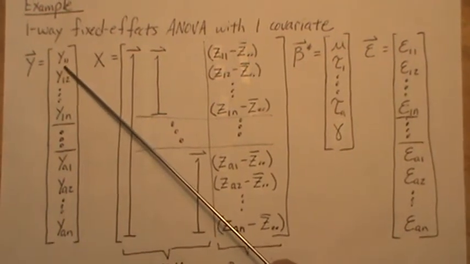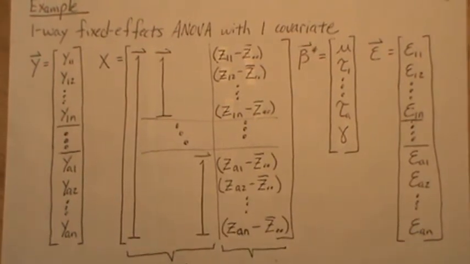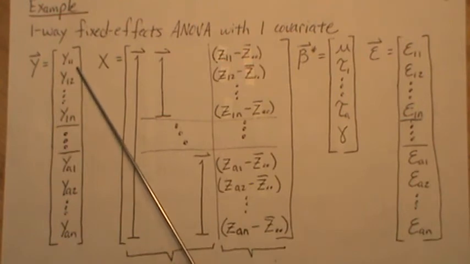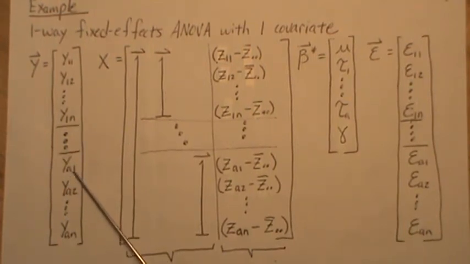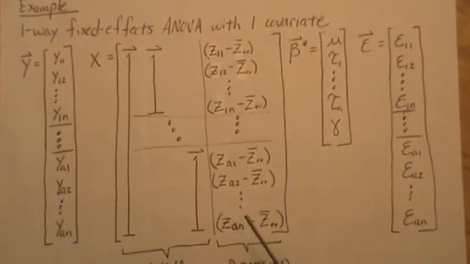So this is Y11, treatment 1, observation 1. Then it's Y12, treatment 1, observation 2, all the way to Y1n. And then we keep going until we get to the a-th treatment, and it's Ya1, Ya2, all the way to Yan.